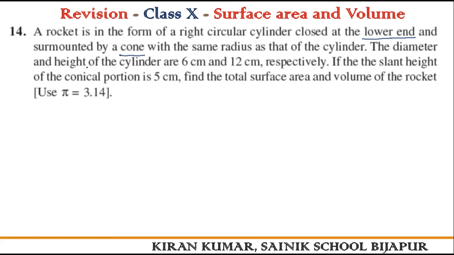The diameter and height of the cylinder are 6 centimeter and 12 centimeter respectively. If the slant height of the conical portion is 5 centimeter, find the total surface area and the volume of the rocket.